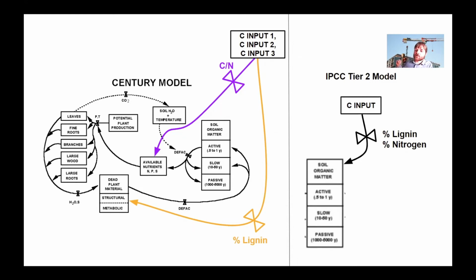Except the difference is there's only one column in the IPCC Tier 2 model to designate the quantity of carbon input, which means that all carbon is treated equally, whether it's manure or crop residue. They all have the same percent lignin and percent nitrogen, which we know, in fact, is not true. The organic matter from crop residue is very different from the manure organic matter.